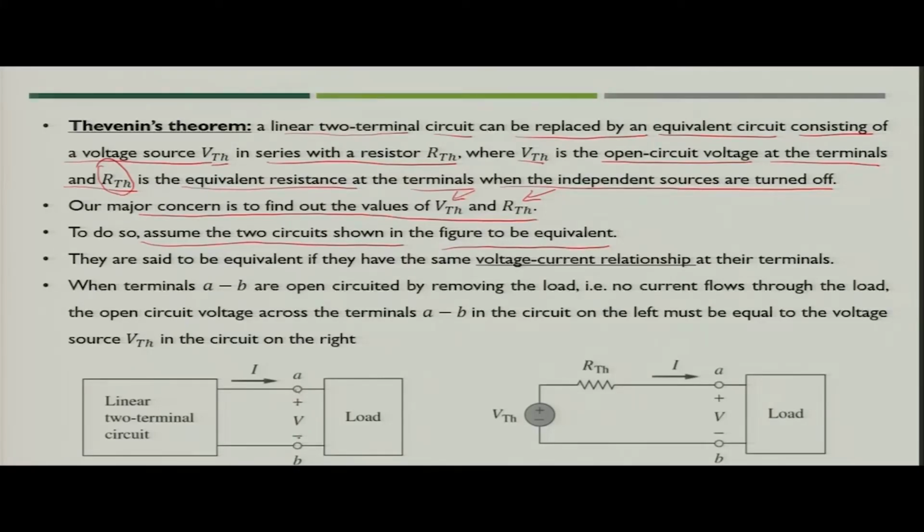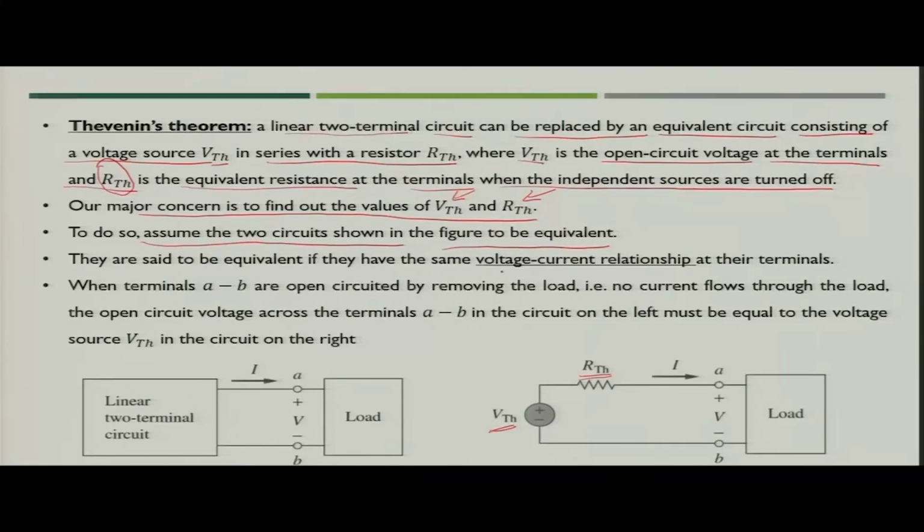The voltage across terminals A B is V and the current flowing into the load from the external circuit is I. If we replace the external circuit with the Thevenin equivalent, that is Thevenin voltage VTH in series with one resistance RTH, and if you have the same V-I characteristic at this terminal, then this circuit will be considered an equivalent of that external circuit.